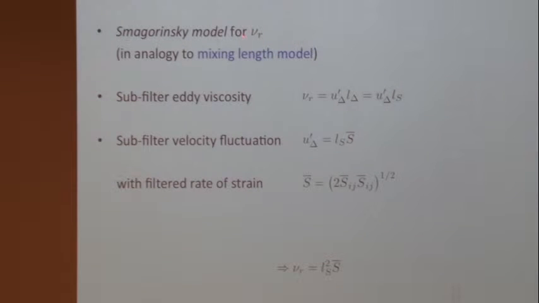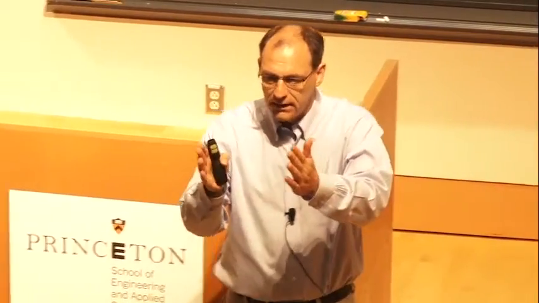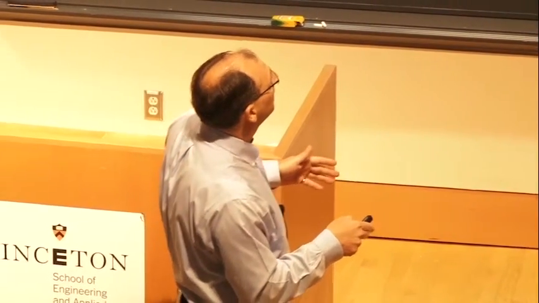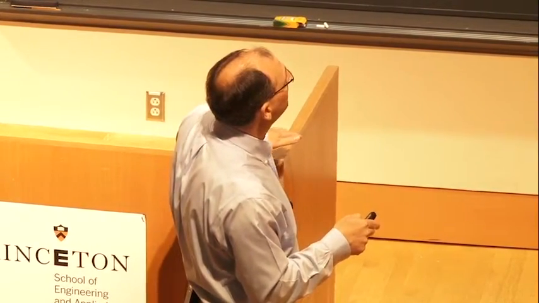So now there's a reason why you would do that. What was the problem with the mixing length model is that you, as a user, have to prescribe the length scale of the turbulence. But here, see, the filter has a length scale.